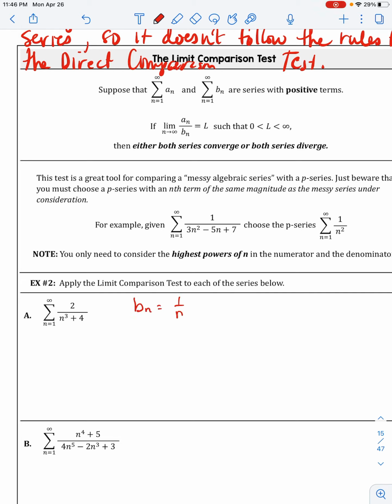So what we would do for this one is we're going to let our summation b sub n be 1 over n cubed, okay?